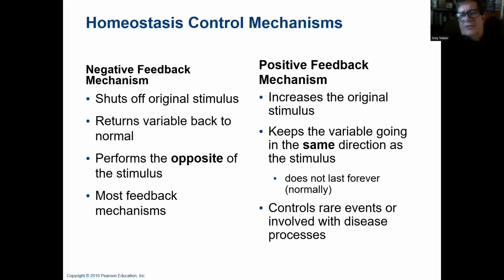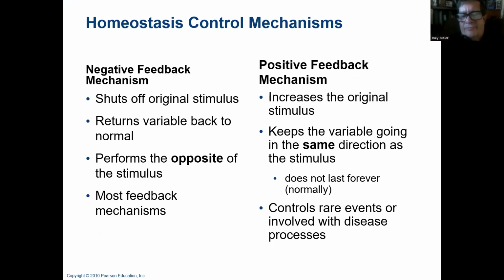That little bit of Pitocin causes little contractions. Those contractions cause more Pitocin to be released, which causes more contraction, which causes more Pitocin, more contraction. It keeps going, building on itself. That's why it's a positive feedback. It happens up until you push the baby out.